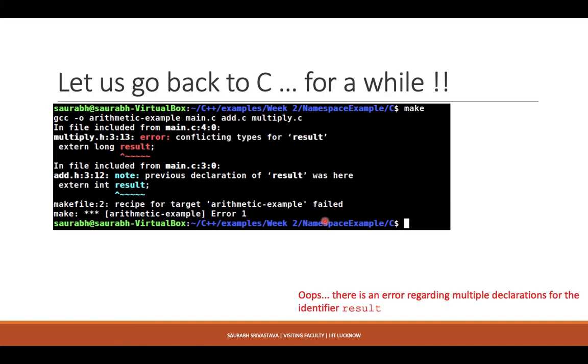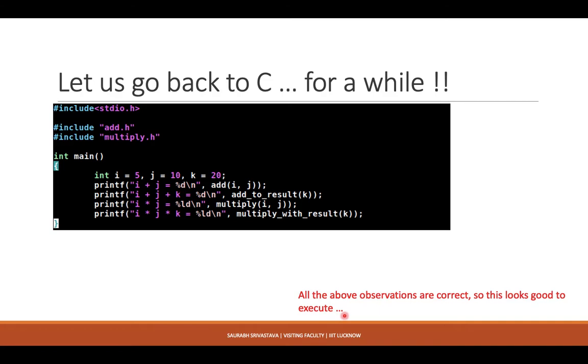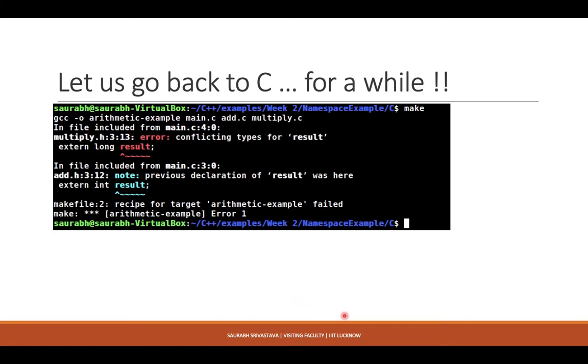However, when you actually try to execute this code, there are some errors out there. And there is an error regarding multiple declarations for the identifier result. Now you realize that in the code that I showed you, there is really no variable called result here. So where exactly is that result coming from? Apparently, it actually tells you where it is coming from.